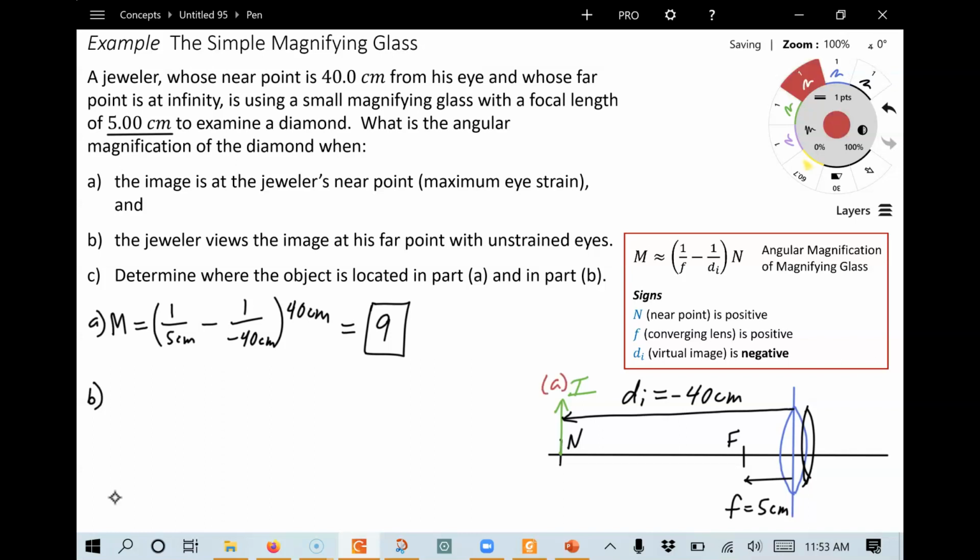Part B, we're going to go ahead and move this image way the heck out here to infinity. So di, part B, minus infinity.